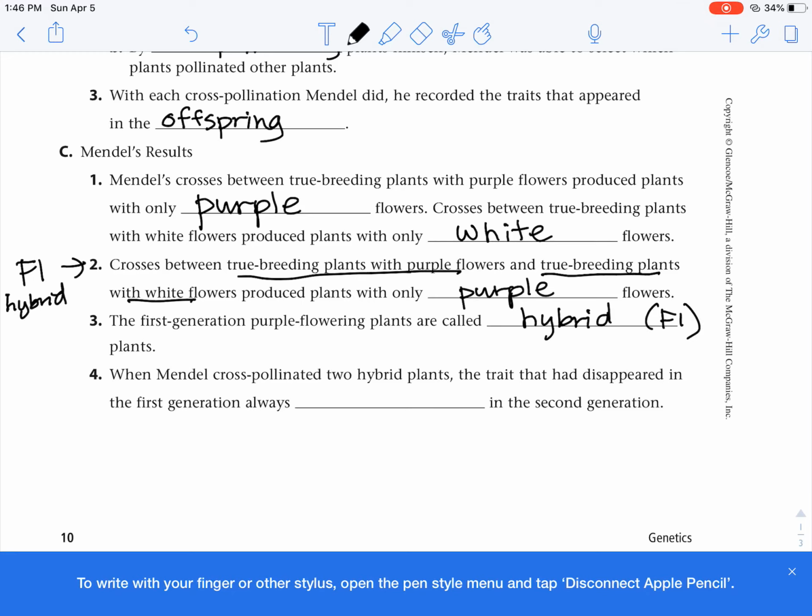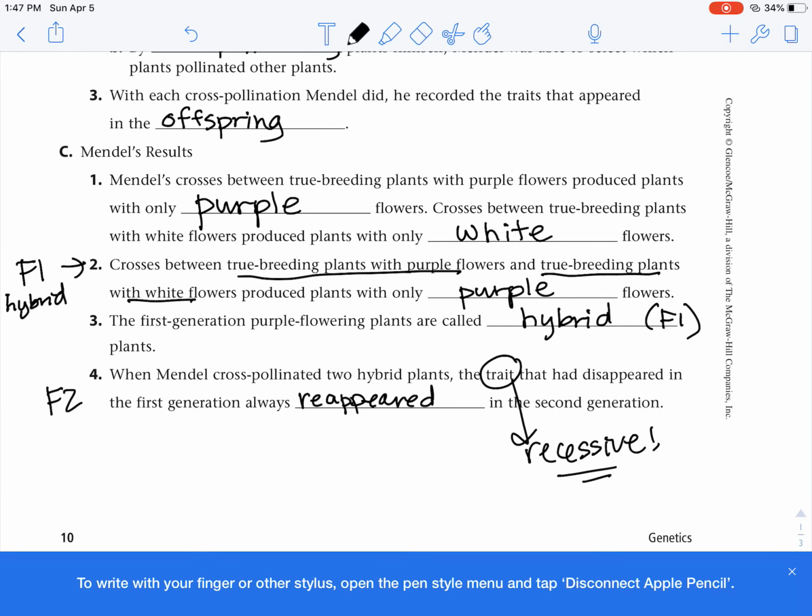All right, so number 4, when Mendel cross-pollinated 2 hybrid plants, now we're looking at the F2 generation. The trait that had disappeared in the first generation always reappeared in the second generation. And this disappearing, reappearing trait is the recessive trait.